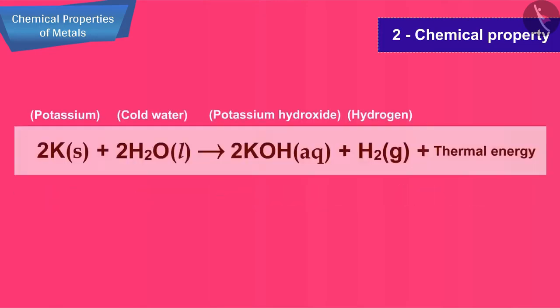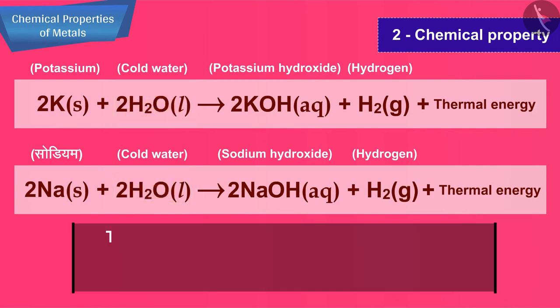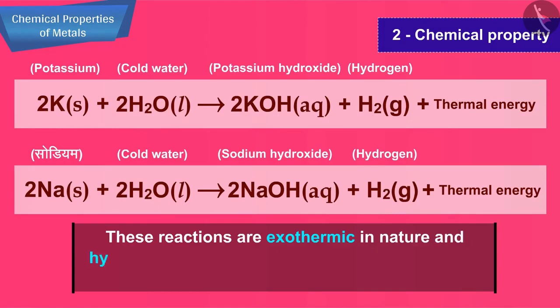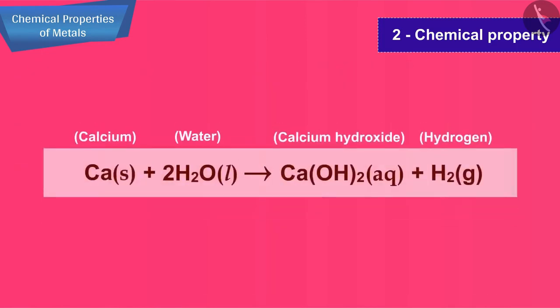Potassium and sodium react vigorously with cold water and these reactions are exothermic in nature, and hydrogen gas formed during the reaction catches fire and burns, causing little explosions. Calcium reacts with cold water to form calcium hydroxide and hydrogen gas.